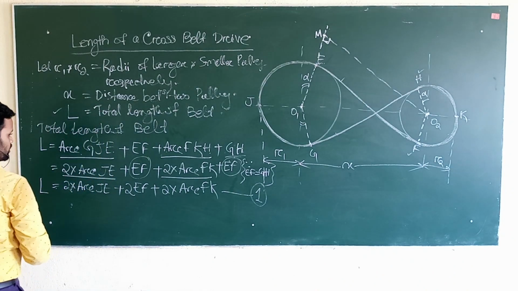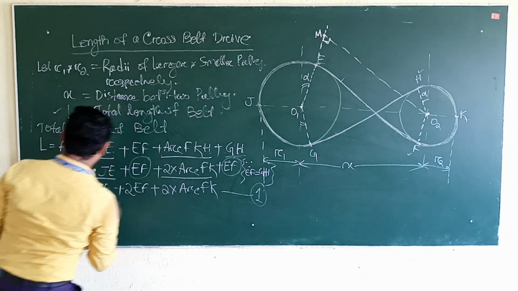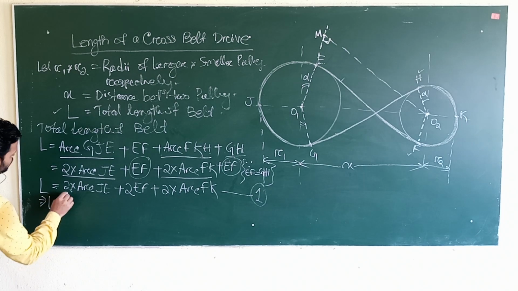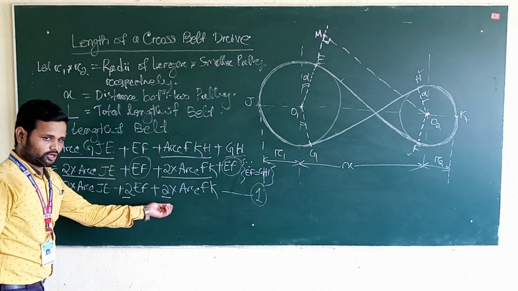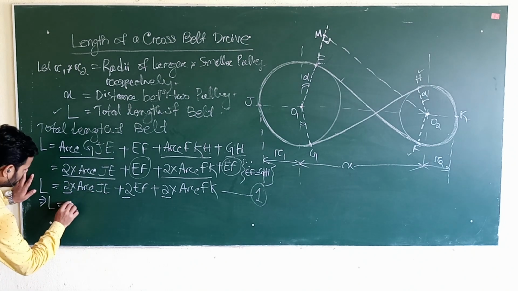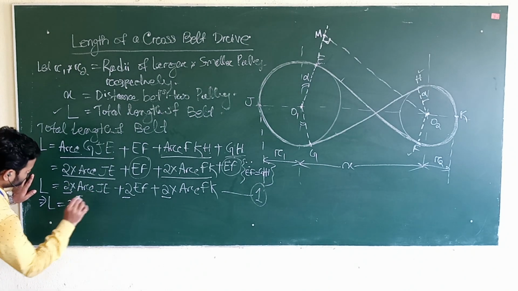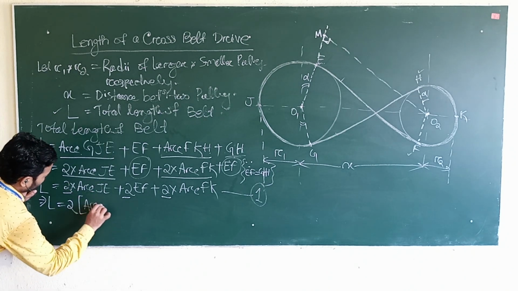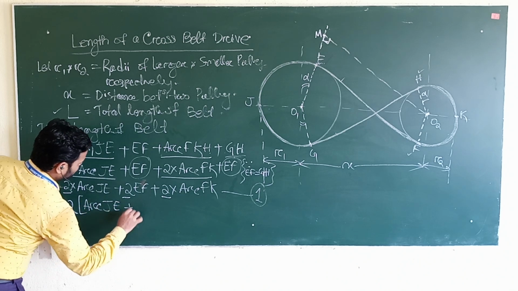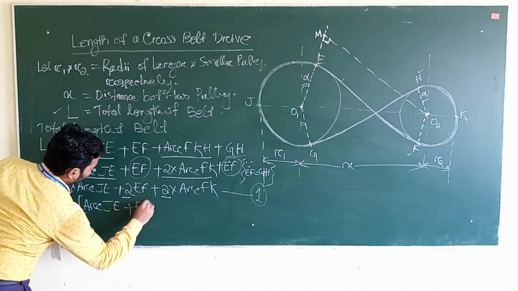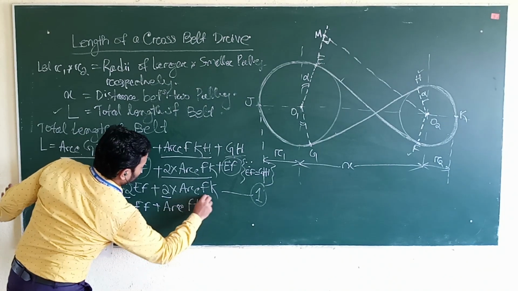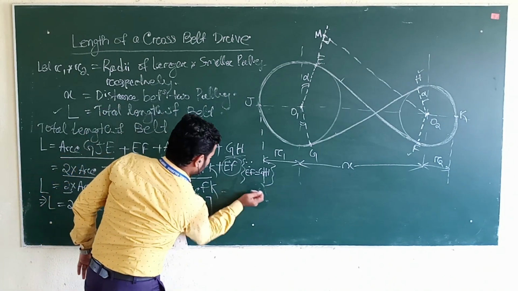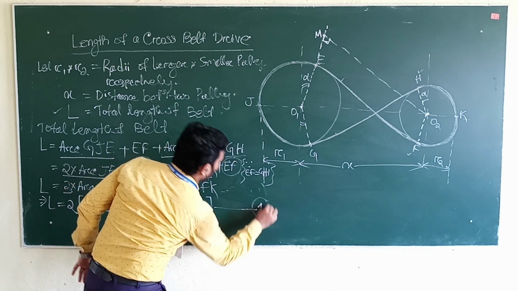Or you may also write L equal to, taking 2 common from each term, 2 times the bracket of arc JE plus EF plus arc FK.